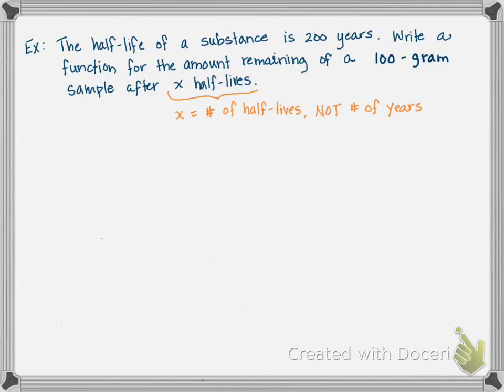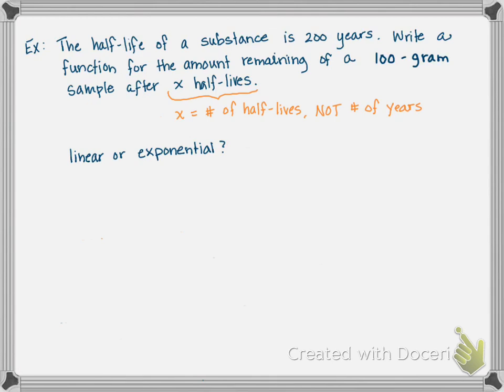So in order to write a function, the first thing we ask is: is it linear or exponential? It's exponential, right? Because the amount of the substance that I lose each 200 years is based on how much I had.